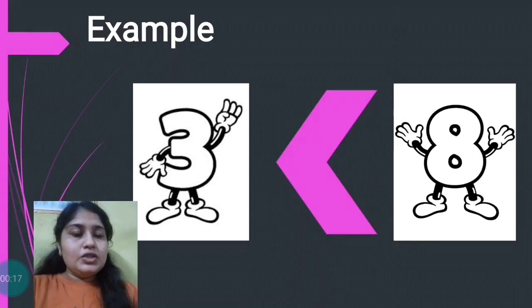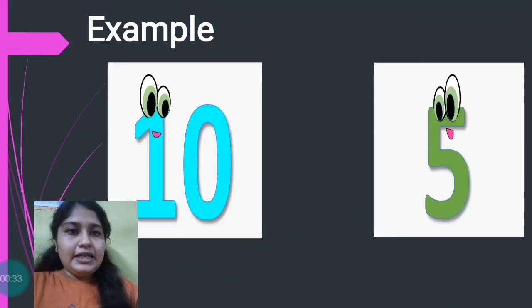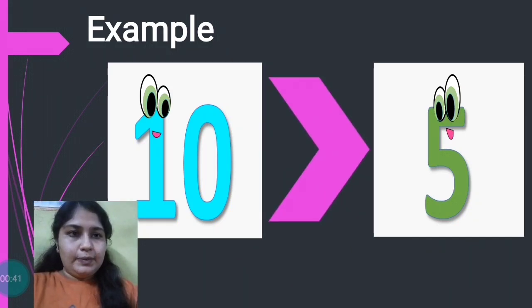Okay students, you can take both ways: 3 is less than 8 or 8 is greater than 3. Now let's see the second one: 10 and 5. So students, 10 is greater than 5. Okay, so this sign will come.